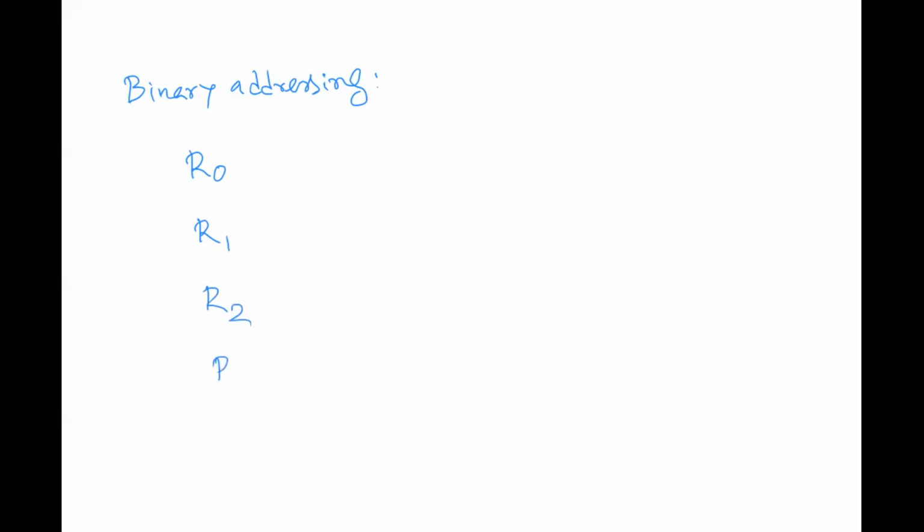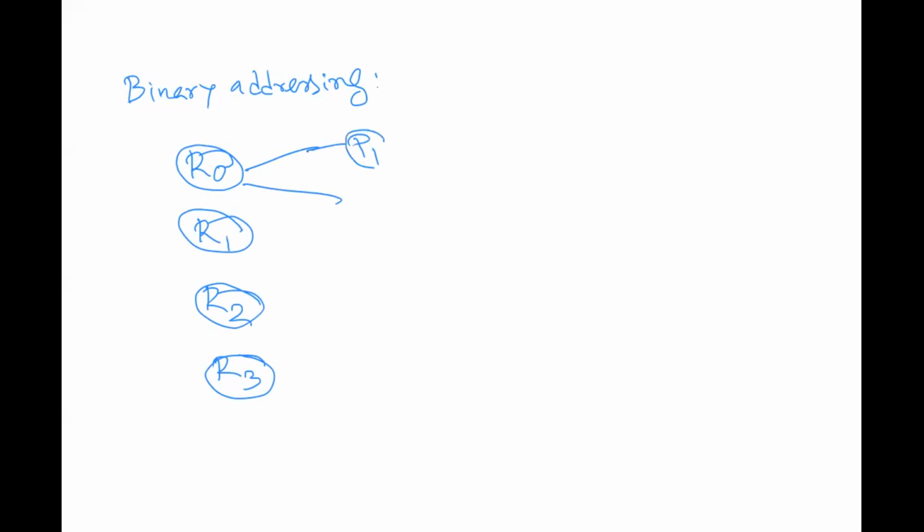And each road has, let's say, two parks, P0 and P1.